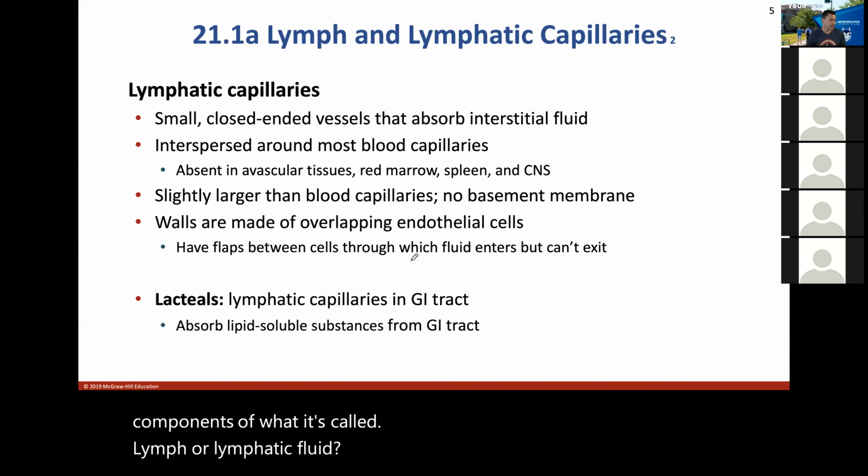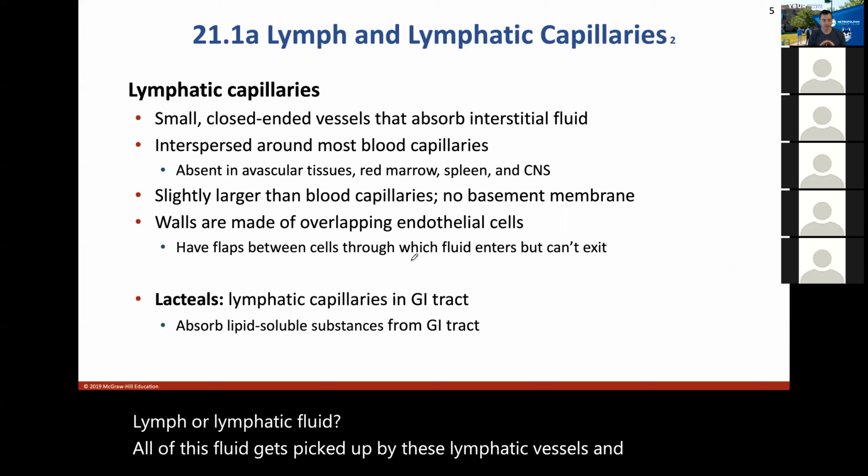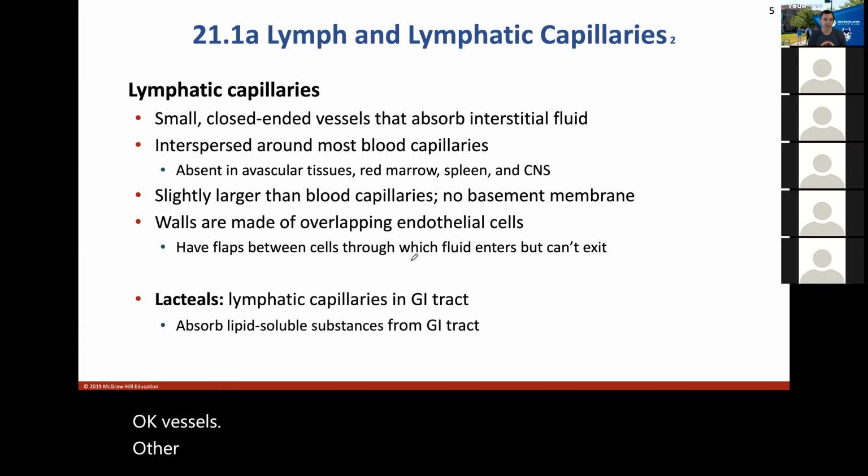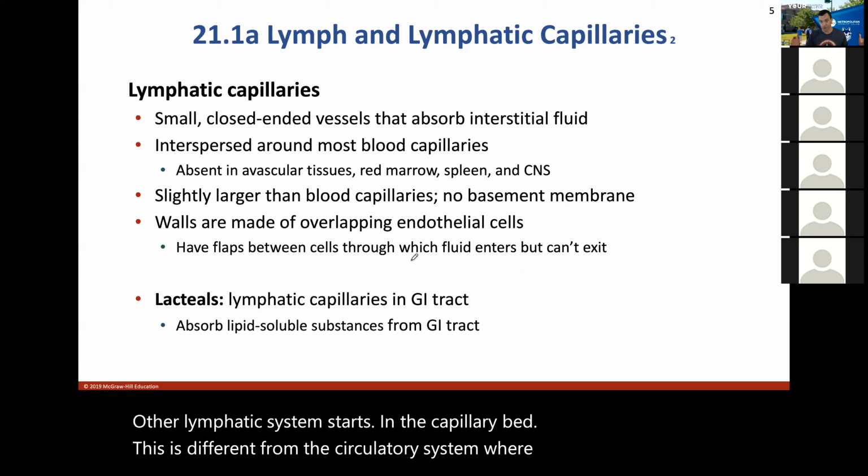All of this fluid gets picked up by these lymphatic vessels, and the very beginning of the lymphatic vasculature, the vessels of the lymphatic system, starts in the capillary bed. This is different from the circulatory system where the first ones are your bigger arteries and veins, right?